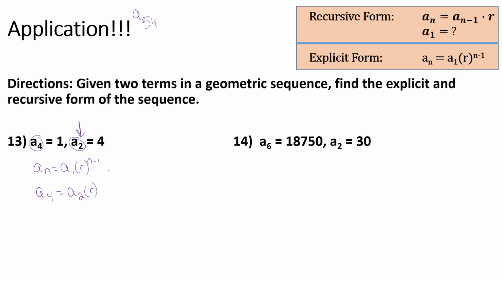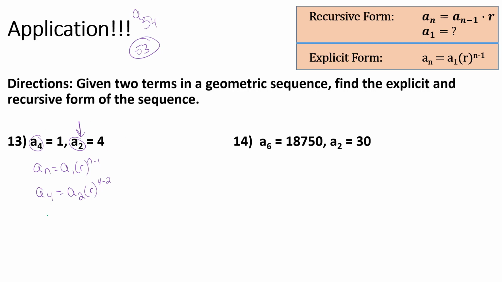Now let's think about the n minus 1. Previously we said the n minus 1 would have been 54 minus 1, so that would have been a difference of 53 terms. We now want to know the difference between the set of terms a4 and a2. So we're looking for a value of 4, our n value still, minus 2, our a sub connected with the rate.